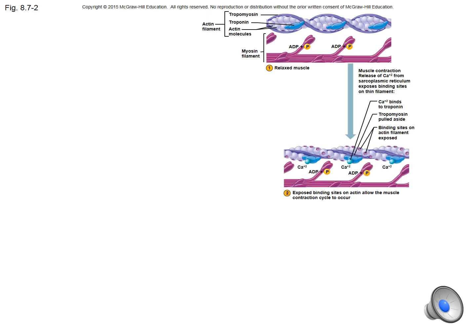Okay, so here we're seeing the beginning of that contraction process. It says muscle contraction, release of calcium from the sarcoplasmic reticulum exposes the binding sites on the thin filament.